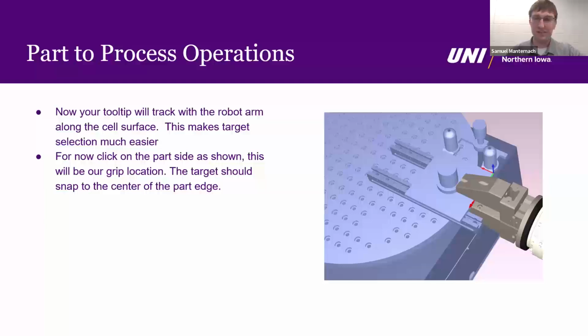And as you can see it there, it'll line up. Once you have a good position selected, simply just click and it'll lock in on that target right on the part edge. This actually helps us a lot to get our part orientation, our gripper orientation down for really quick part grabs.